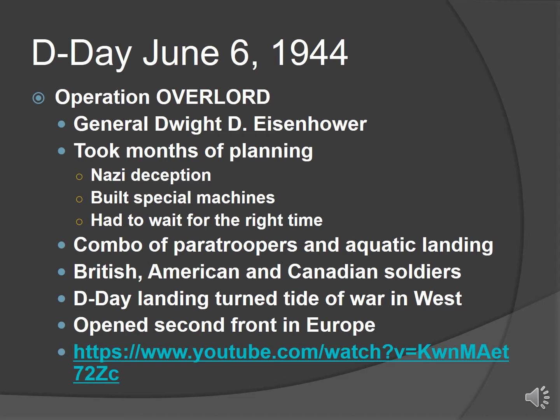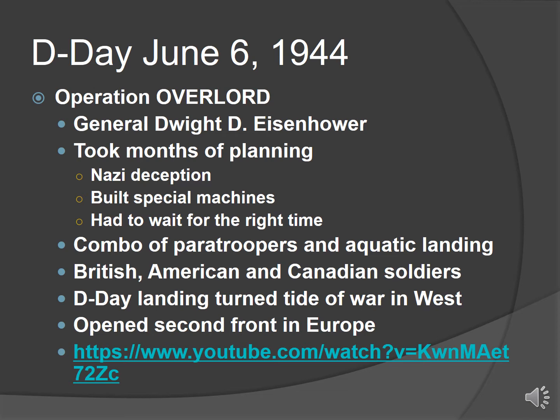Now, they didn't know that these were blow-up jeeps and blow-up tanks and all of this kind of stuff, inflatable, right? They were totally fake. And then they also sent out fake radio transmissions, again, with these plans to invade at Calais. So they wanted the Nazis to put most of their troop forces and most of their defensive strategy at Calais so that there would be less of a defensive force down in Normandy.